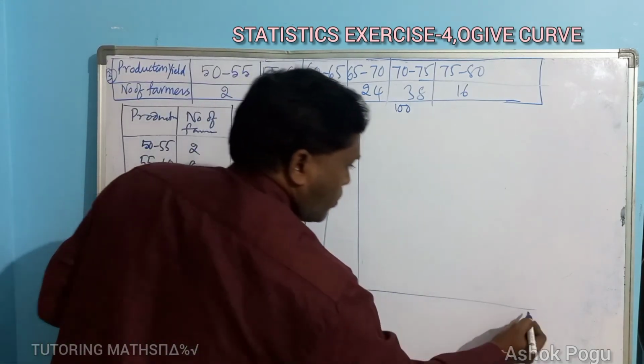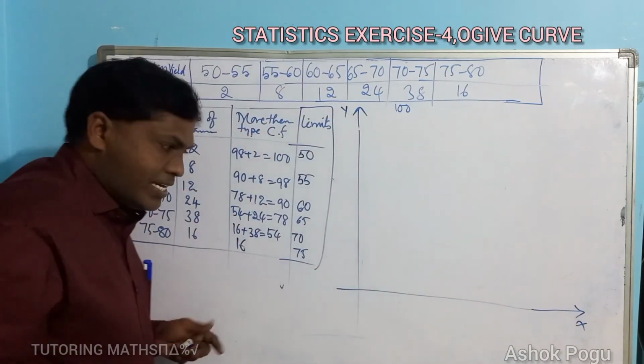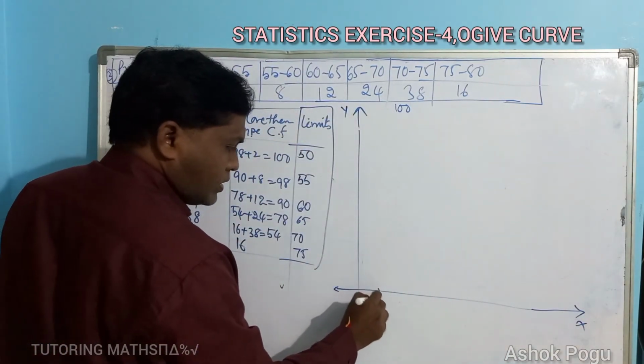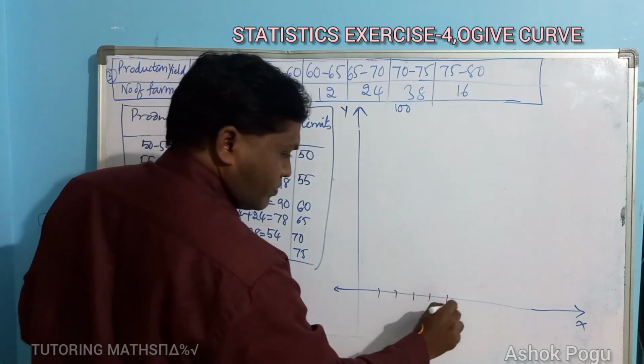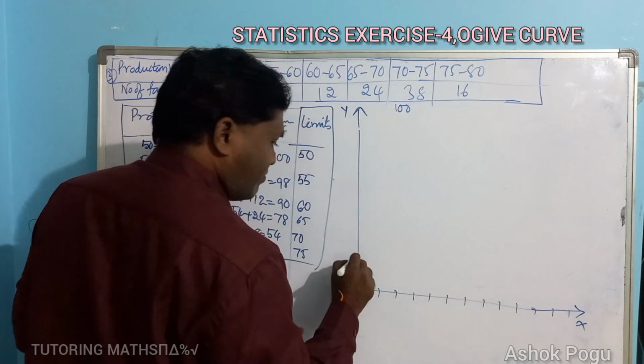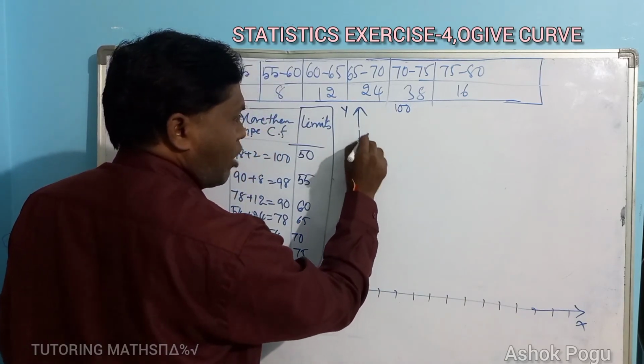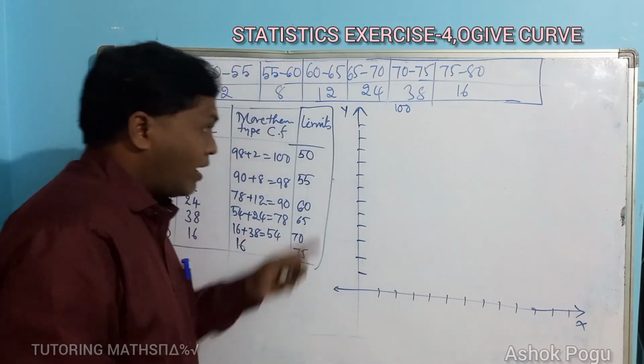As you know, x and y axis have been taken. Now scale is most important every time, because without scale you may get confused. Taking x axis, how 1 centimeter is equal to how much, and y axis how much.